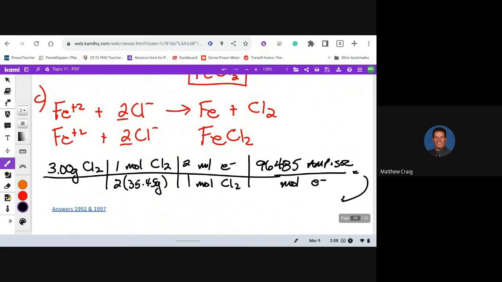And then that gives us a number. 96,485 divided by 2 times 35.45. I got it. 8165.16, and that is amp seconds.